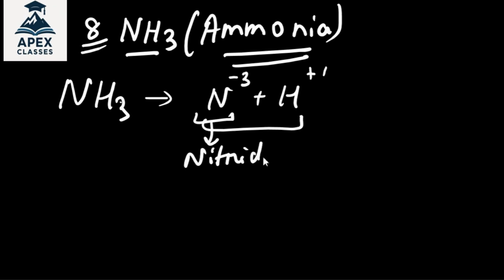But it is not the rule. I am repeatedly telling you, this compound doesn't split up in this way. It will give rise to nitrogen and hydrogen under Haber's process conditions. That's a separate topic, but for the time being you can remember NH3 as splitting up into N minus 3 and H plus 1. Okay, next let's solve some very important questions from this topic.